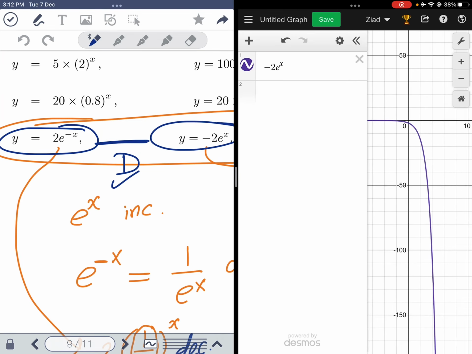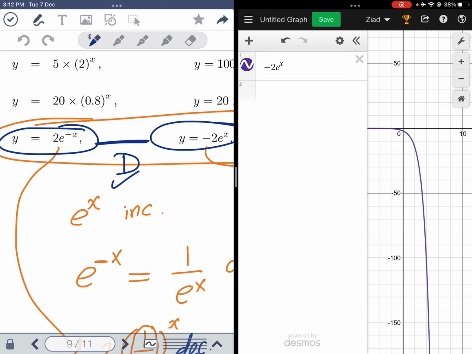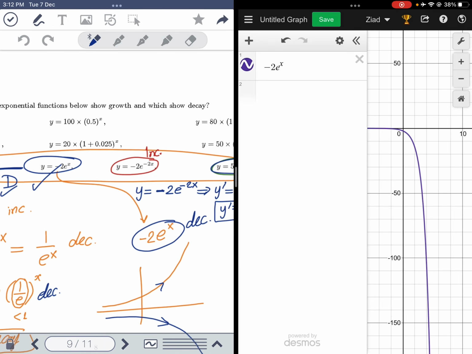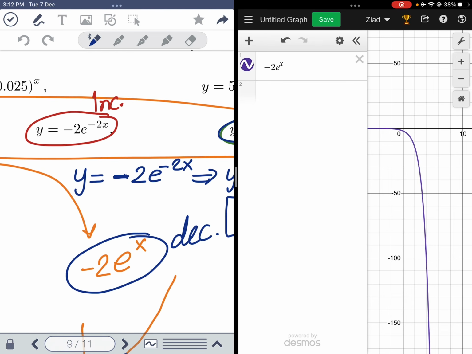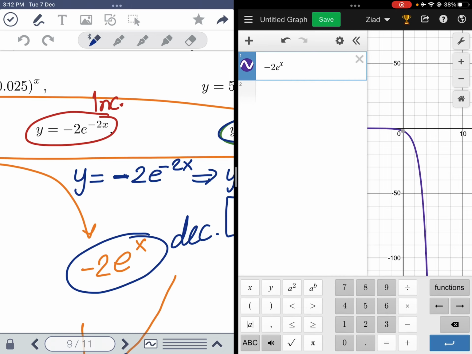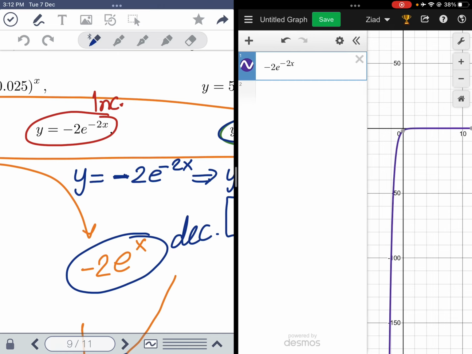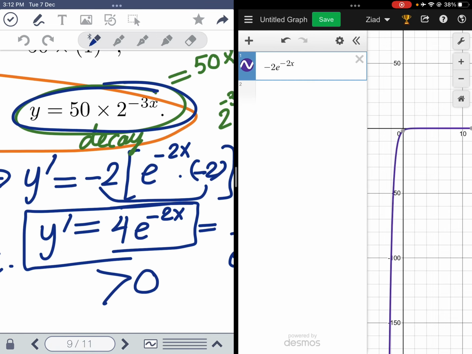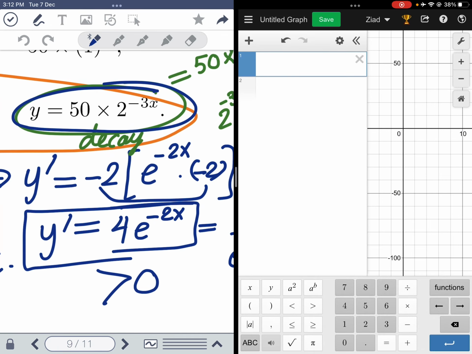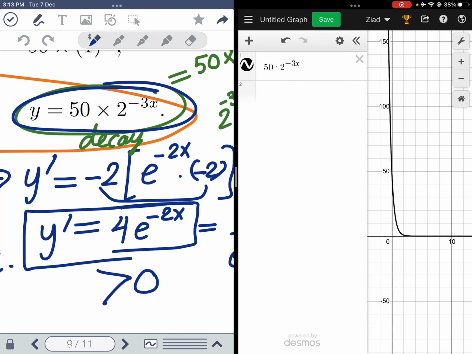You can see here it's going down, so correct. Now minus 2e to the minus 2x, so here you'll put negative 2. This one is increasing, it goes up, and we said it's increasing. And last, 50 times 2 to the power negative 3x, decreasing, as you can see.